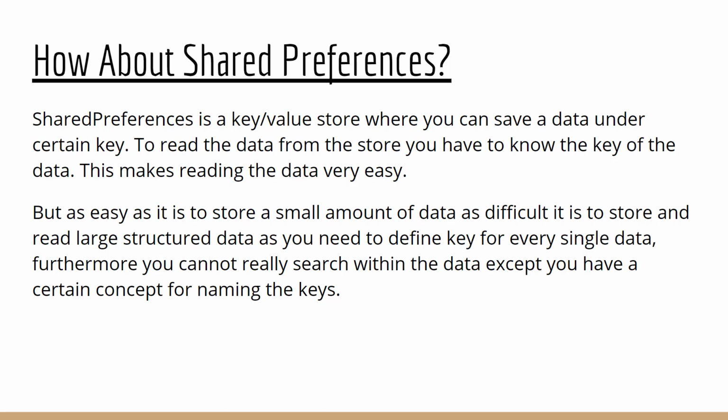But as easy as it is, when the data gets very large, it is difficult to manage the database, and it is difficult to read large structured data because you have to define a key for every single piece of data. And you cannot search through your database because if you want to get a record, you have to have the key. So that is shared preferences compared to other options.